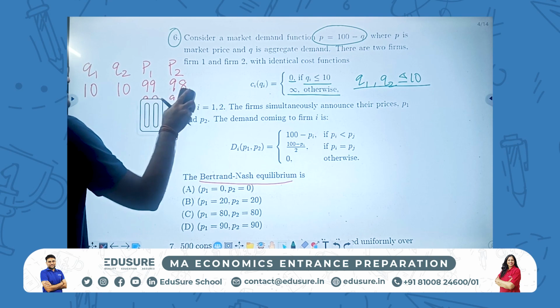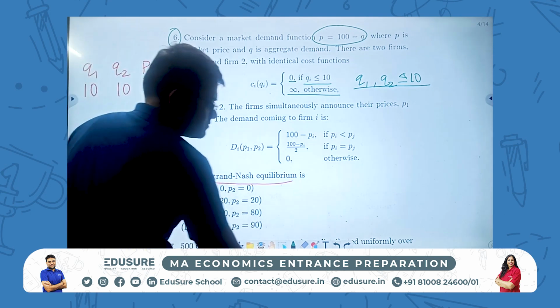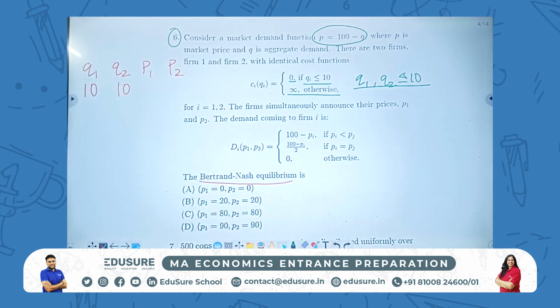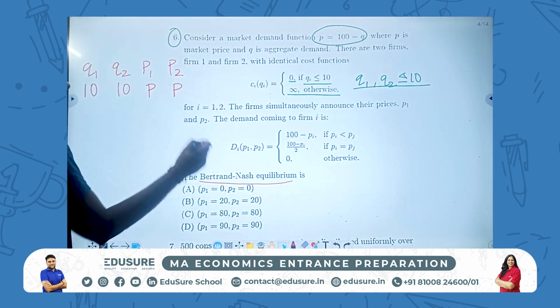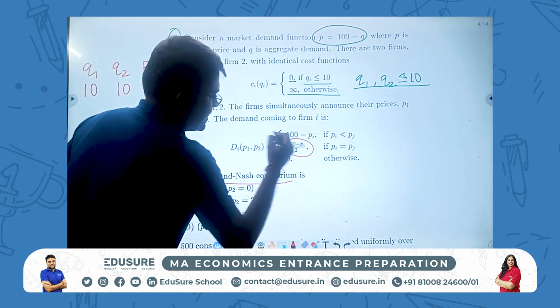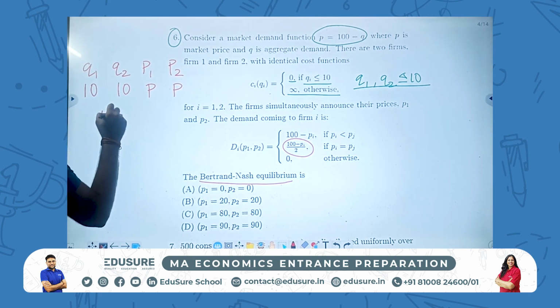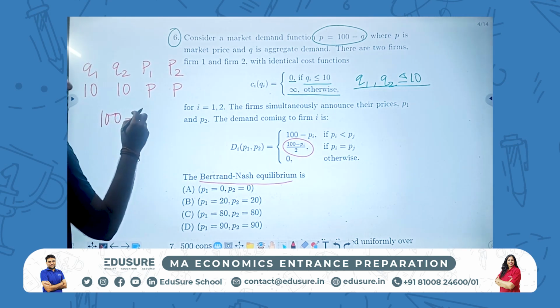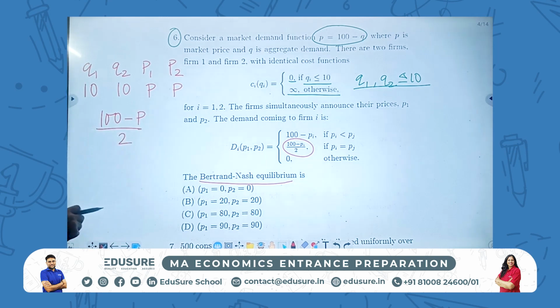and if they have the same prices, what will happen ultimately is that both will have the same price. Now if both have the same price, this is what I get. The demand is equal to (100 minus P) by 2 for each firm.